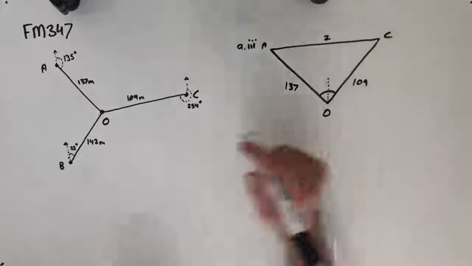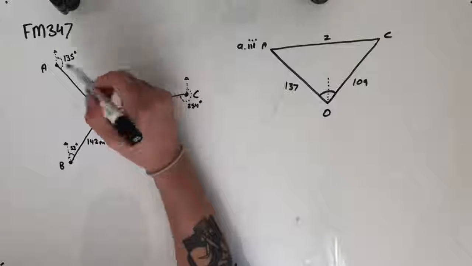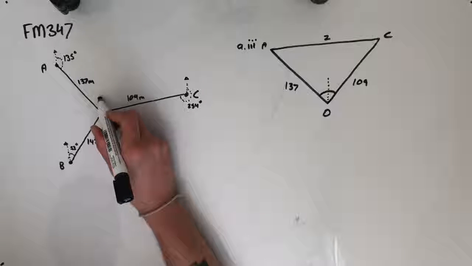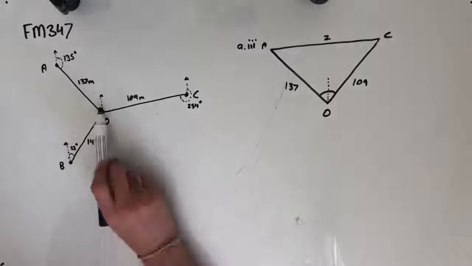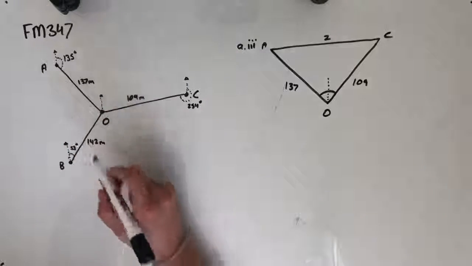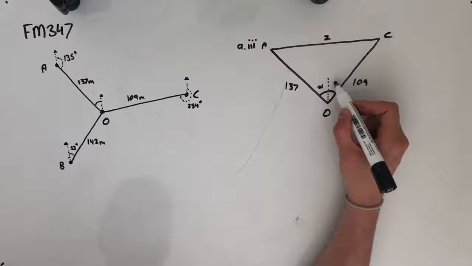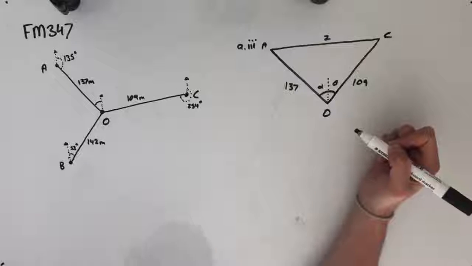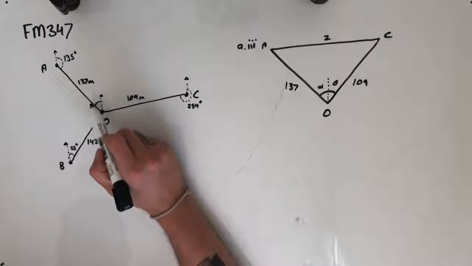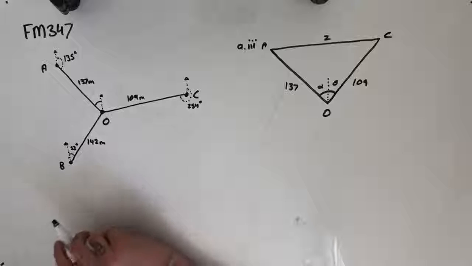So we know that the bearing from A to O is 135 degrees like this. If we were to run one of these arrows here as well, you would notice that these are all parallel to one another. So because this is 135 degrees in here, this angle here, let's call it alpha down here, and that one theta, then this angle is going to be complementary to the 135.